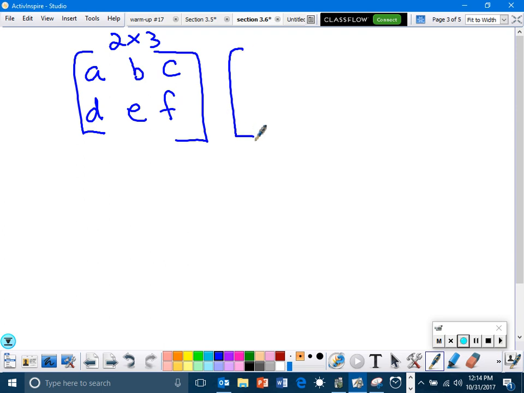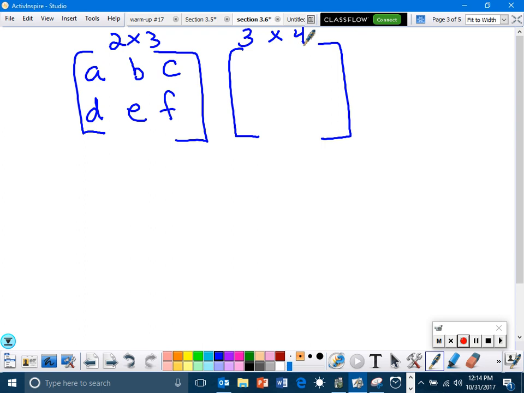Okay, now, in order to multiply this together, don't forget the rows must match the column. So this is going to be a 2 by 3, a 3 by 2, sorry, a 3 by 2. So now I'm going to, oh wait, I'm going to switch that. Whoops, wrong way. I'm going to do a 3 by 4. Okay.